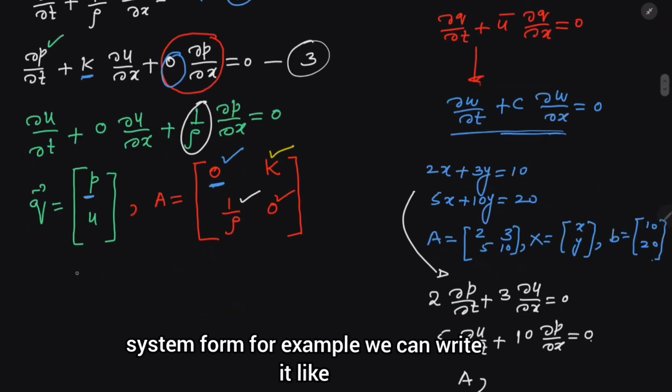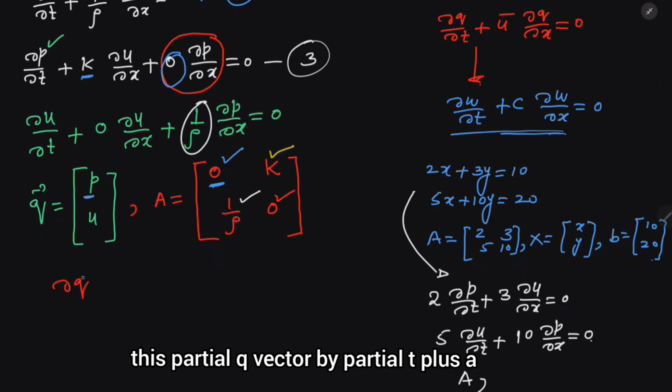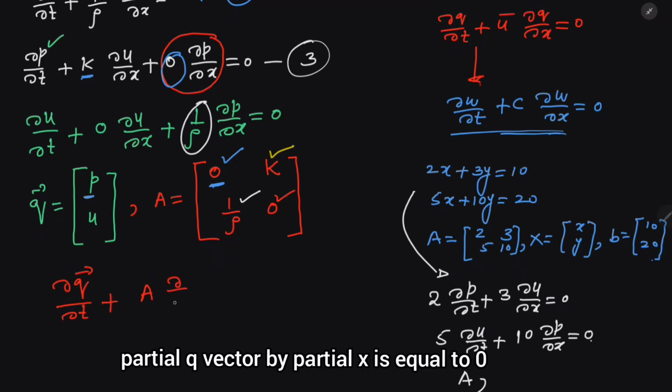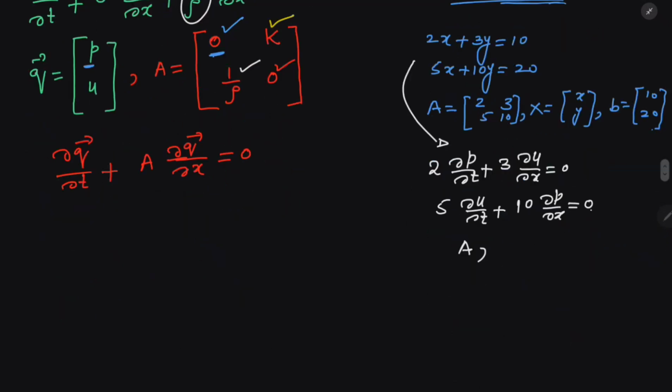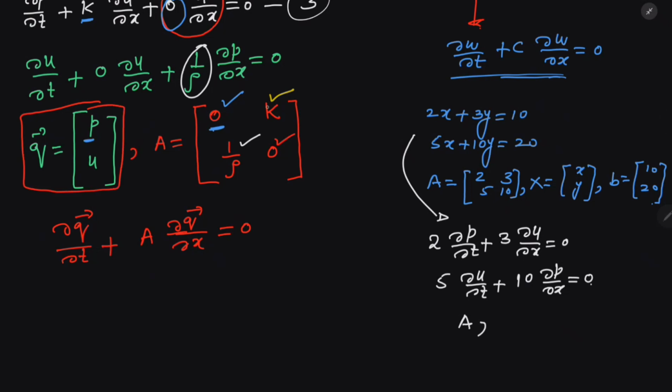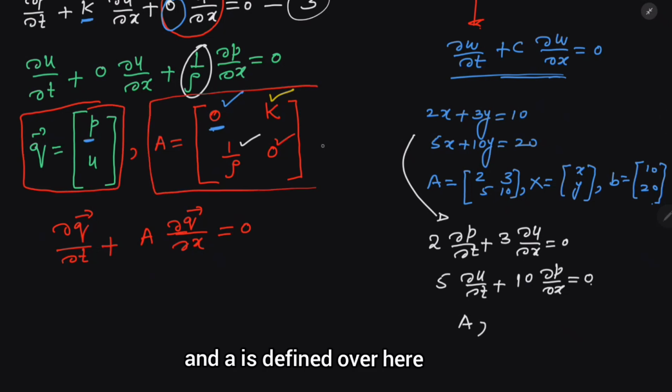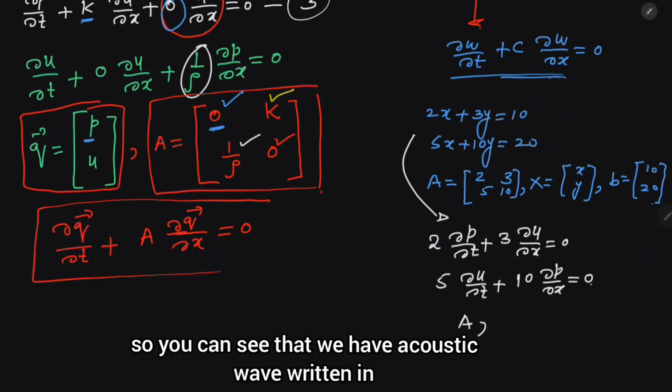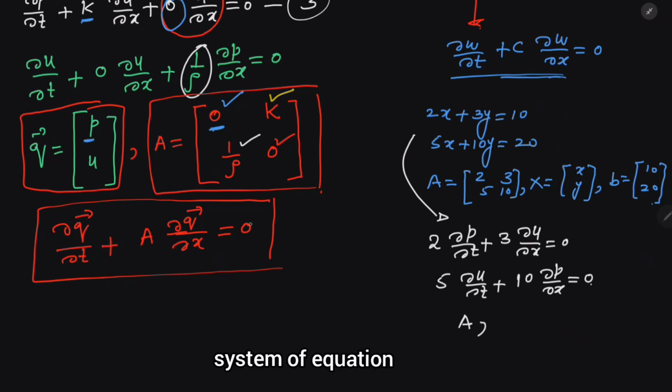For example, we can write it like this: partial q vector by partial t plus A partial q vector by partial x is equal to 0, where q is defined over here and A is defined over here. So you can see that we have the acoustic wave written as a system of equations.